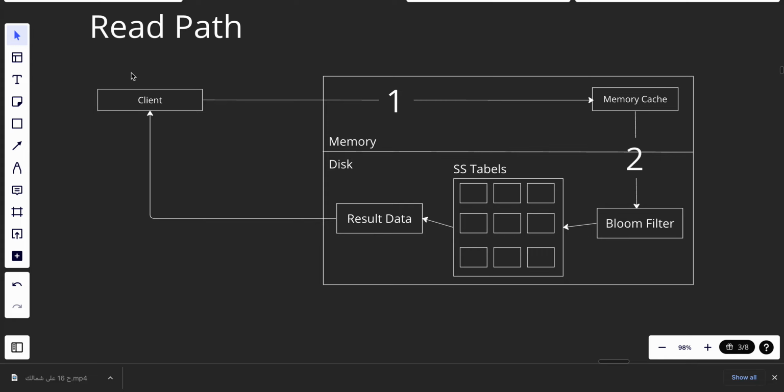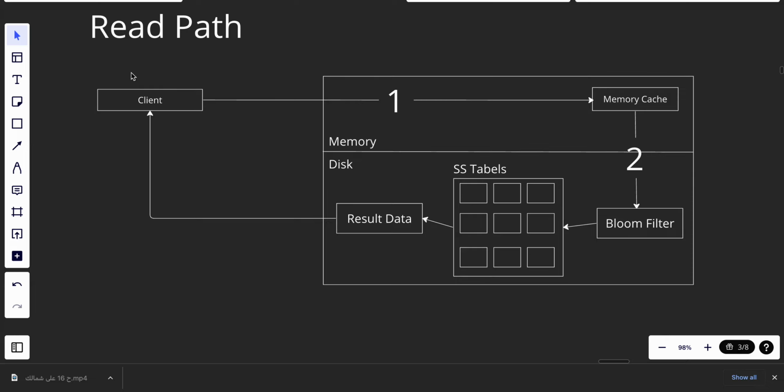If the data is not in the memory cache, the system checks the Bloom filter. And what is a Bloom filter? Because we sharded our data, we want to know which SS tables we are going to connect to. The Bloom filter is a space-efficient probabilistic data structure used to quickly determine whether an element is a member of a set.